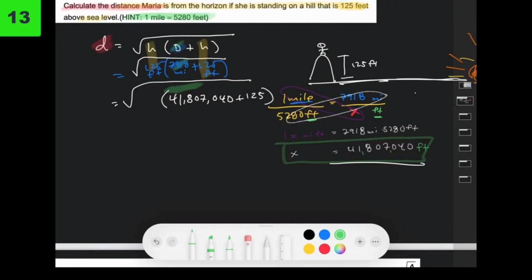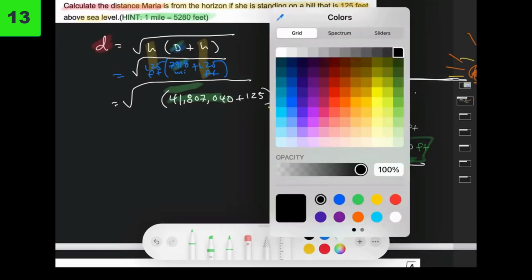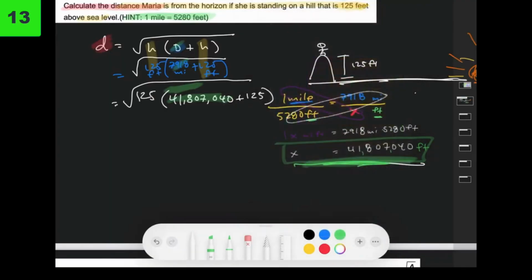So this was the green, and then I have 125. Order of operations, I'm going to do what's inside there first. So I'm just going to add 125 to that number. And you get basically the same number.